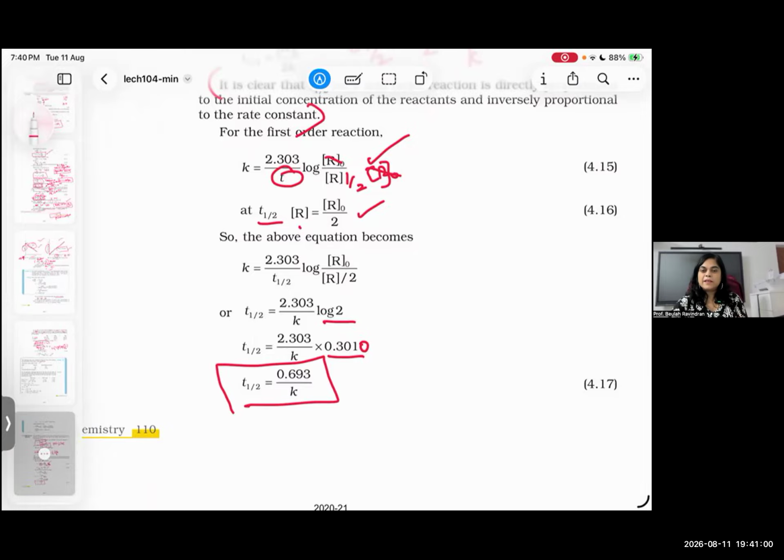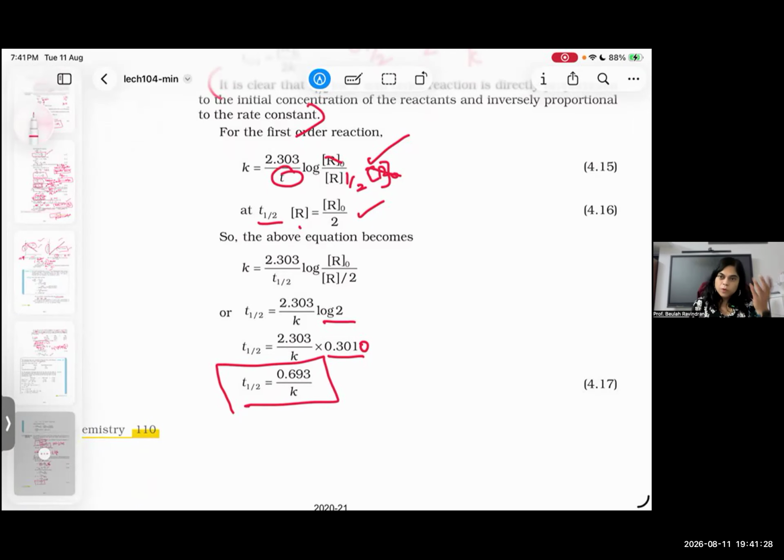Can you see anything? Now let me know, children, what is the dependency in this? It's critical that you notice this. For a first order reaction, half-life is completely independent of initial concentration. Can you see any R naught here?